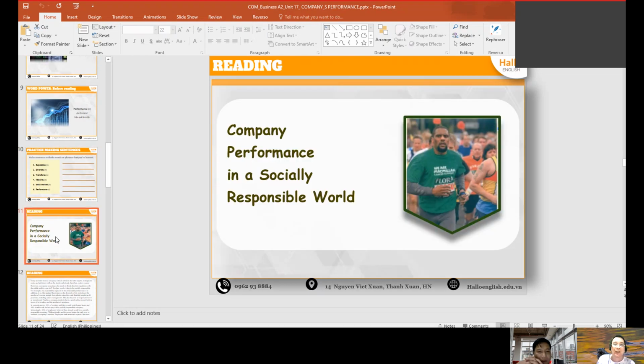Okay, next, reading: Company Performance in a Socially Responsible World. Now look at the picture. What can you say about the picture? This is a runner, a running man. Actually, they are participating in a marathon.